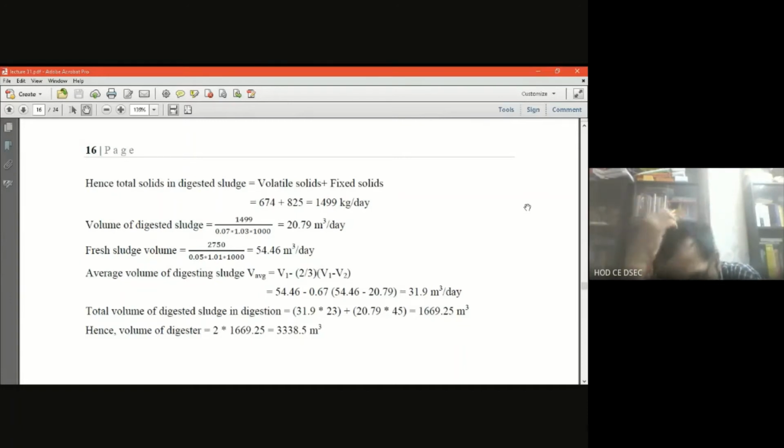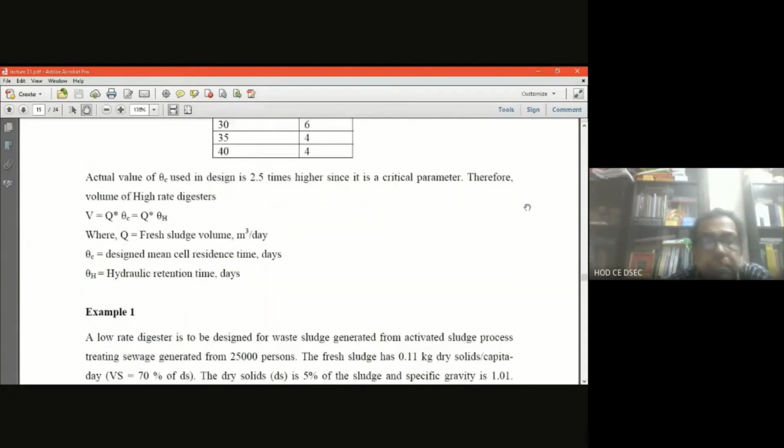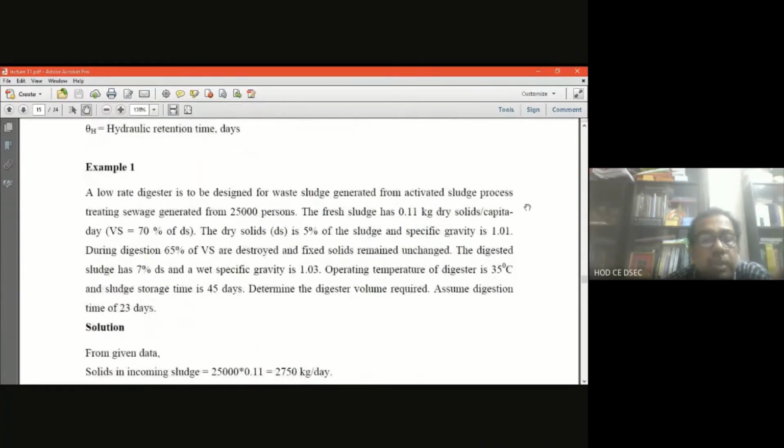You are calculating this per day because the digestion takes place per day. Now the storage time you have to take care of for finding the total volume of the digested sludge in digestion. So what is the time, 23 and 45? Let me make it clear: 23 days is the digestion time.